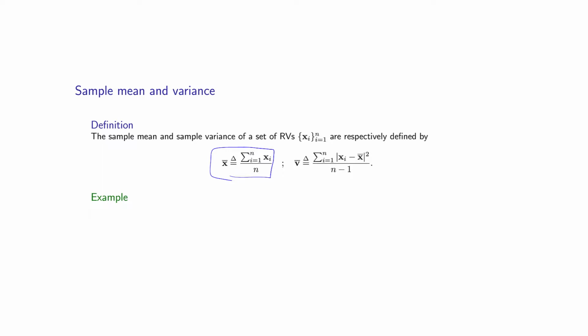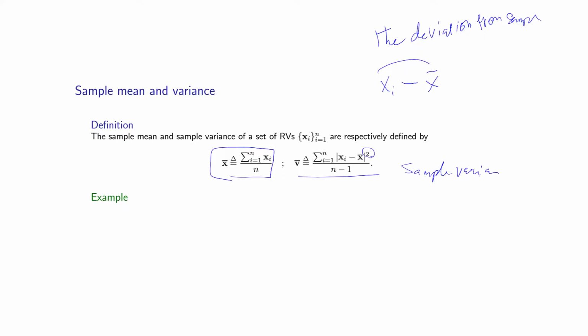For the sample variance, you calculate each of them minus the sample mean, the deviation from the sample mean, then calculate the squared value and divide by n minus 1. This is called the sample variance. Remember that here we put n minus 1, not n. These are standard definitions of sample mean and sample variance in statistics.